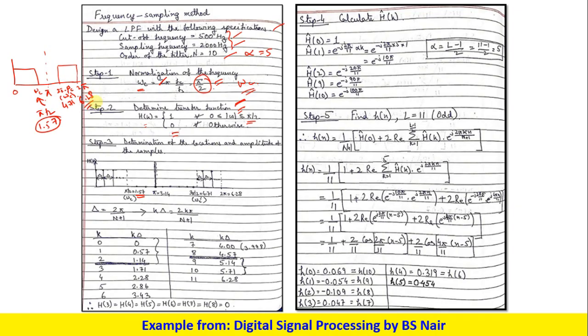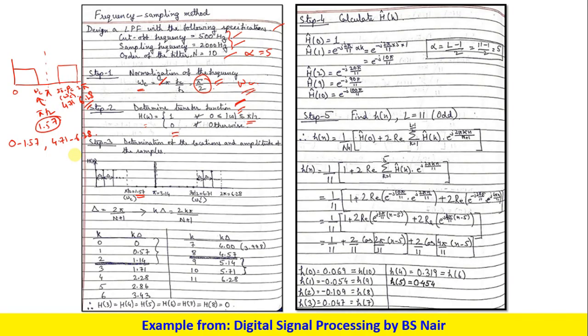So our pass band would be in the region of 0 to 1.57 and 4.71 to 6.28. If our values are within this range, the frequency components will take those values, and if they are outside these two ranges, we will consider them as 0.